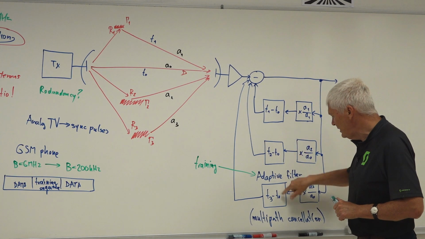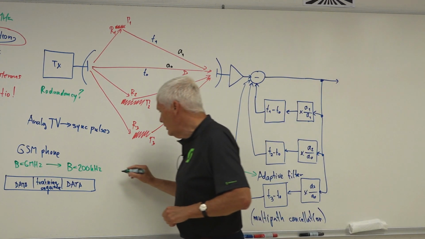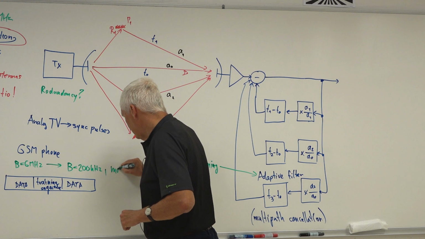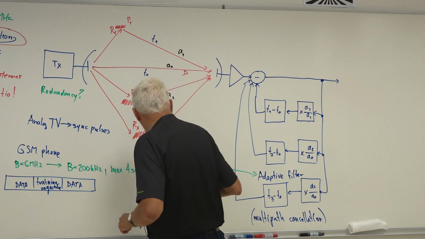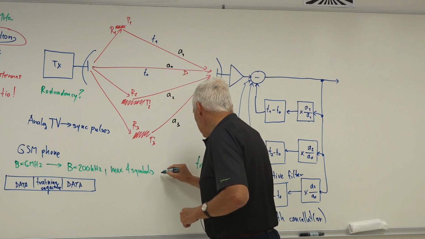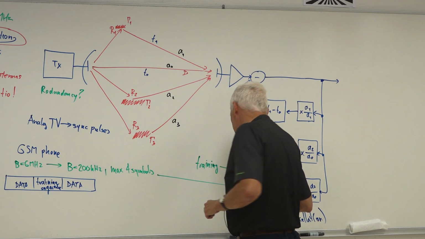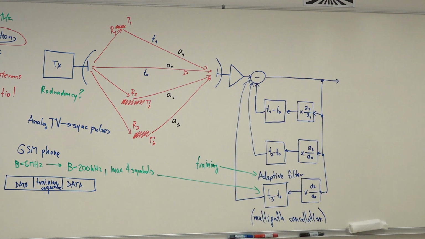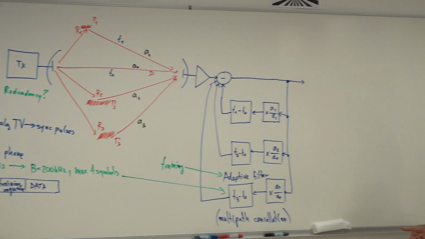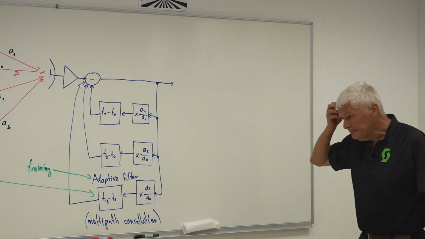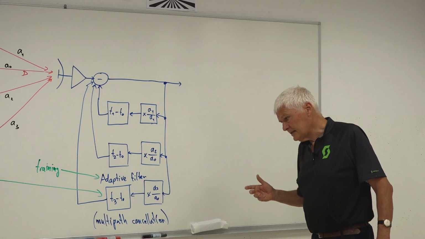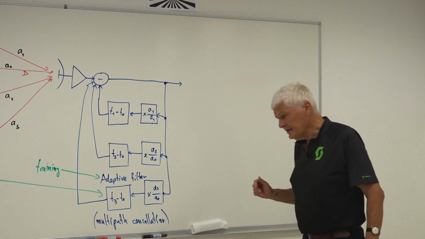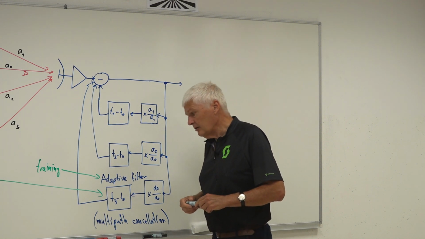And they had to limit the correction length of the filters to a maximum of 4 symbols. So this delay was a maximum of 4 symbols. 4 symbols at 271 kilobits per second is 135 divided by 2, which is around 70, slightly less than 70 kilo symbols per second.